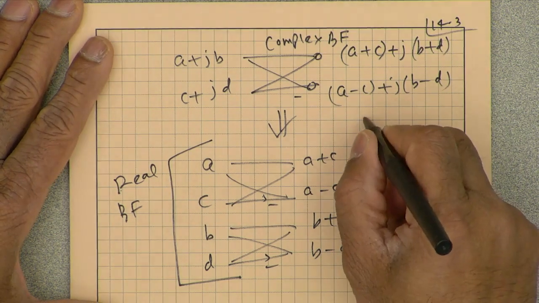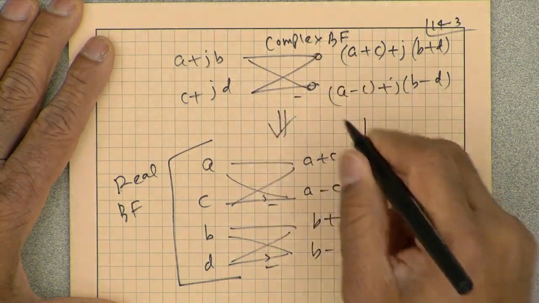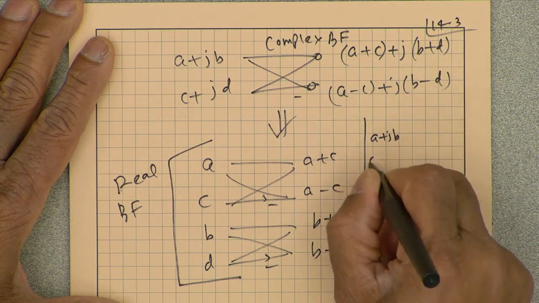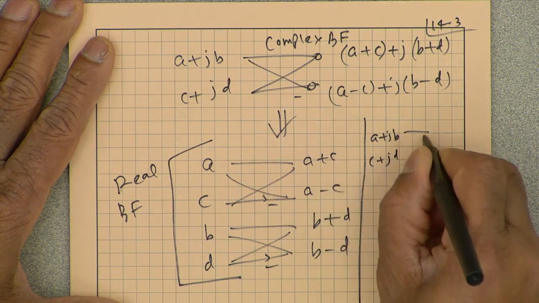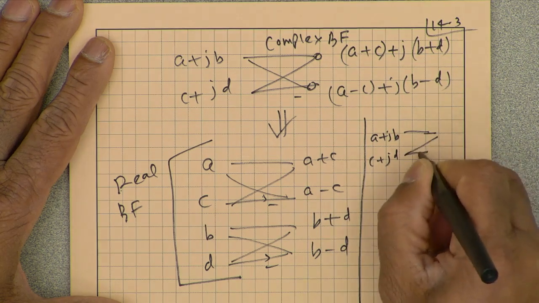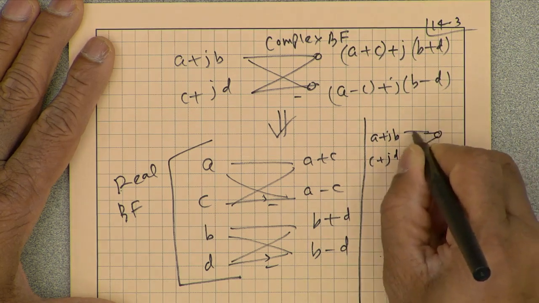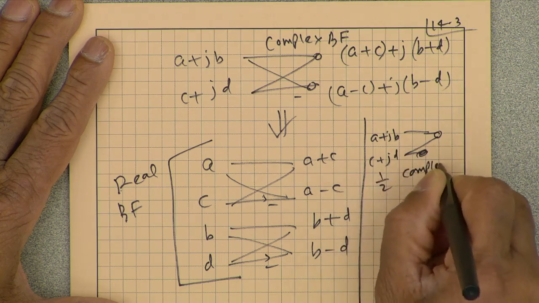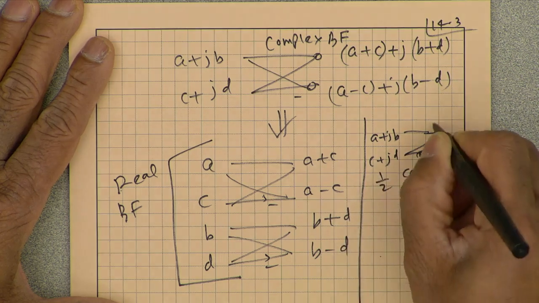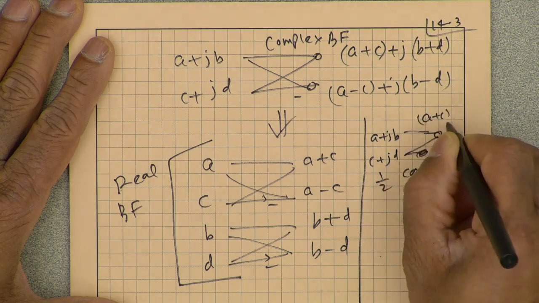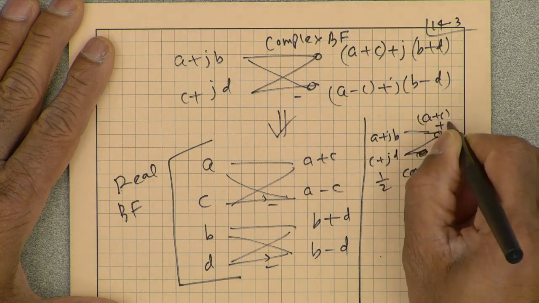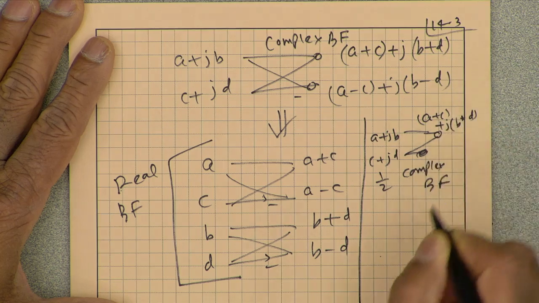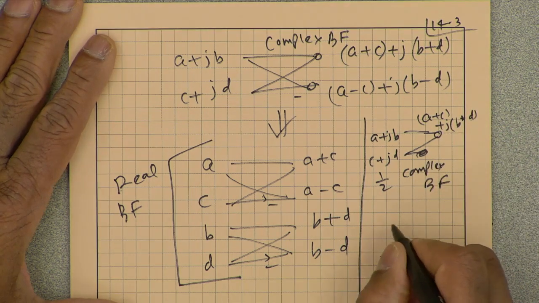Okay. Now what about half a complex butterfly? If I don't include the bottom half, so I have a plus jb, c plus jd, and then I have only half a butterfly. I don't need the other half. So that's a half complex butterfly, and that's just computing a plus c plus j times b plus d.